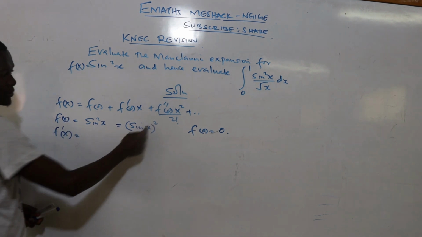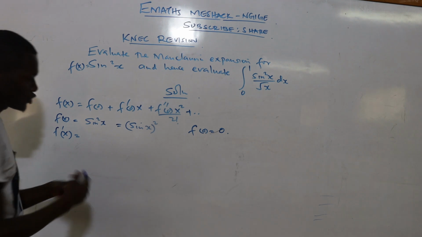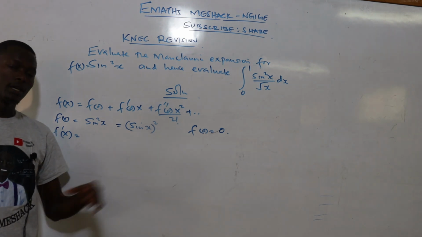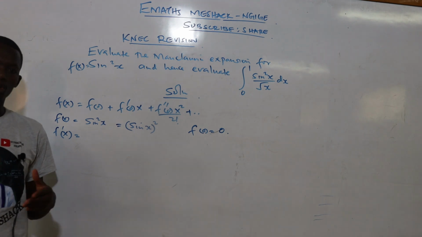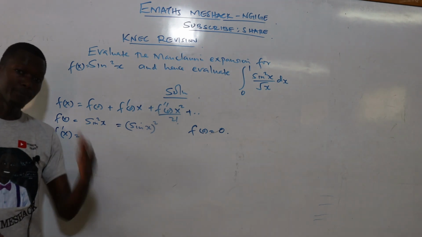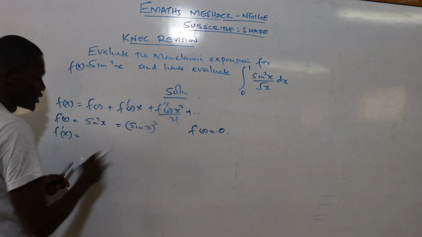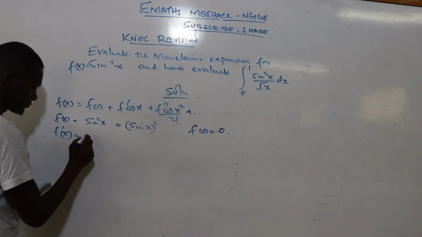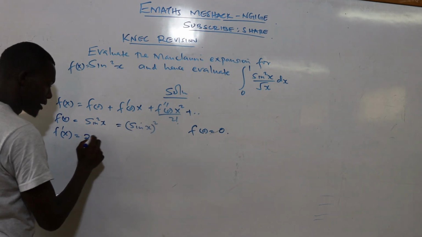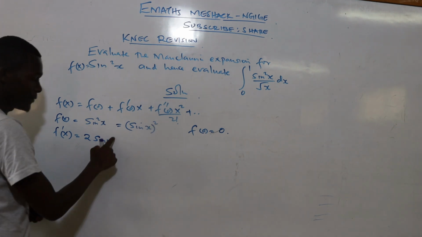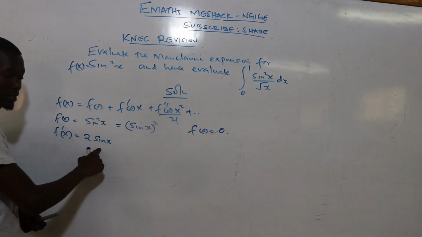Assume the part inside the bracket is a polynomial. The normal way of differentiating a polynomial is to drop the power and reduce the power by 1. So that is what we're going to do here. We drop the power, then reduce the power by 1. So we have sine of x to power 1, so it will just become sine of x.